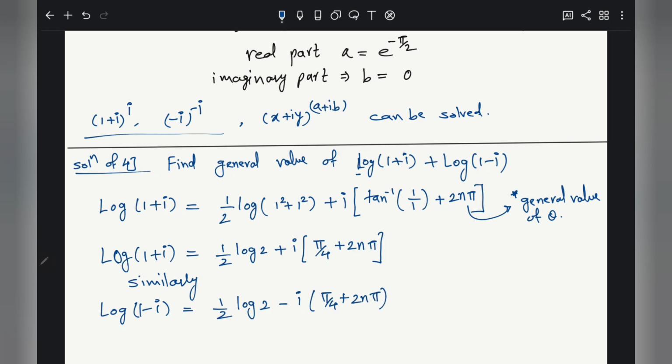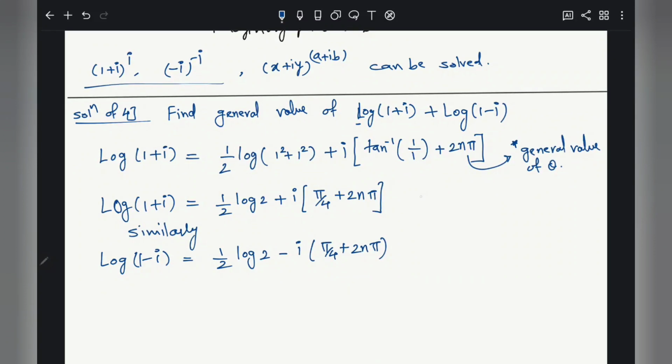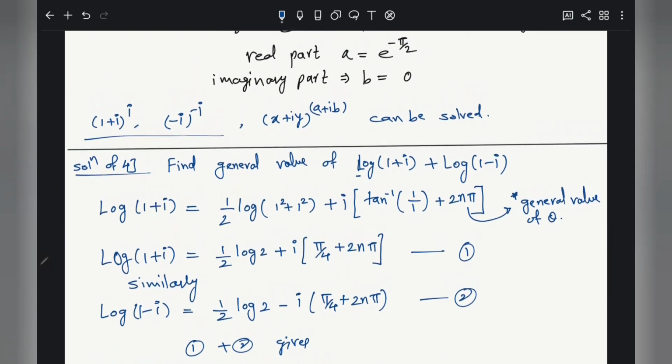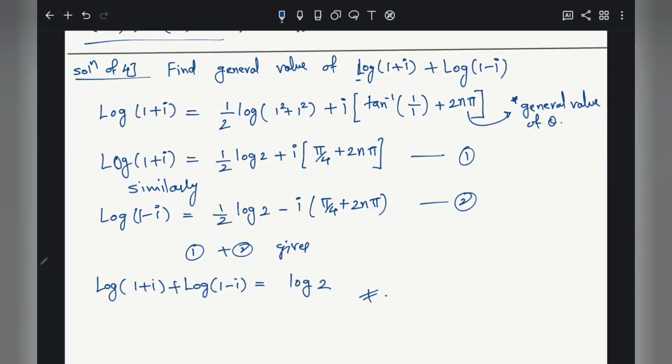So you can write very easily like this, and now you can add equations 1 and 2. In 1 plus 2, the imaginary parts get cancelled, and you will get 2 by 2 log 2, that is just log 2. So that's all. This is the answer, and you must have seen how easily we could find it.